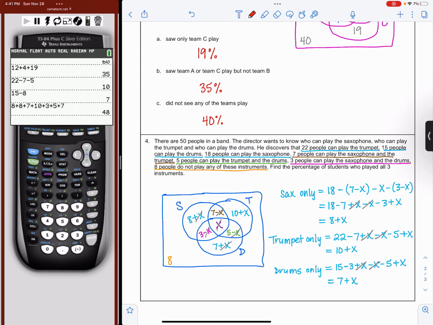So that ends up being 48 plus x, or x plus 48. And that is supposed to be equal to 50. And I already know that this equation means that x is going to be equal to 2. So when it says find the percentage of students who play all three instruments, there were 2 students who played all 3.